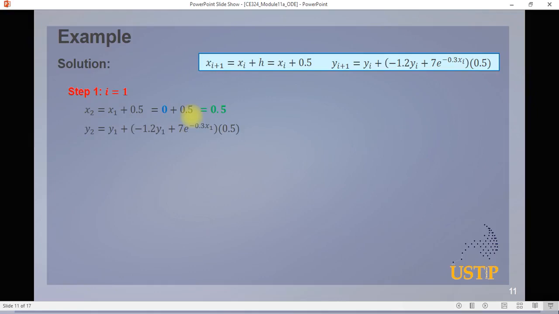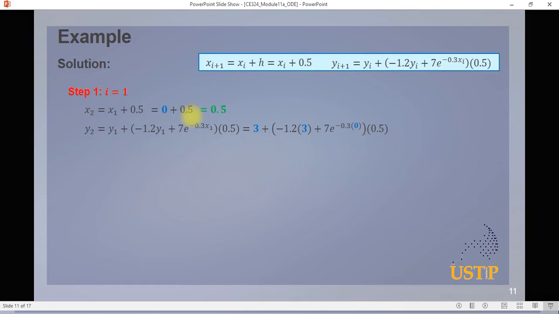And then for y2, using our formula, we have y1 plus negative 1.2 y1 plus 7e raised to the power of negative 0.3 x1, multiplied by 0.5. We just substitute the initial values, 3 for y and 0 for x.